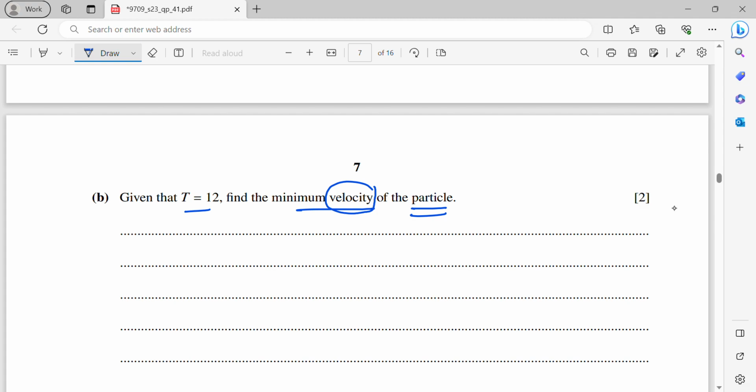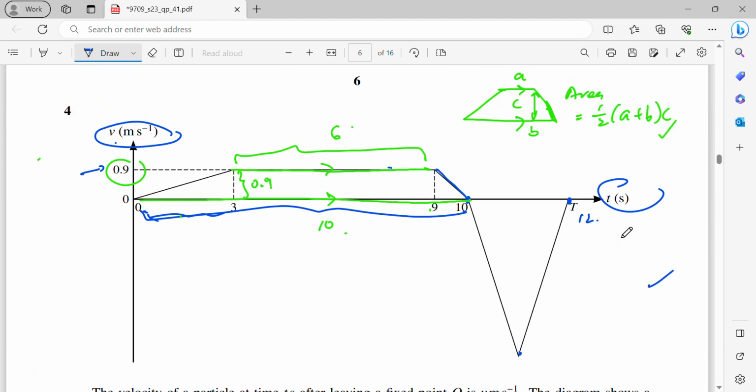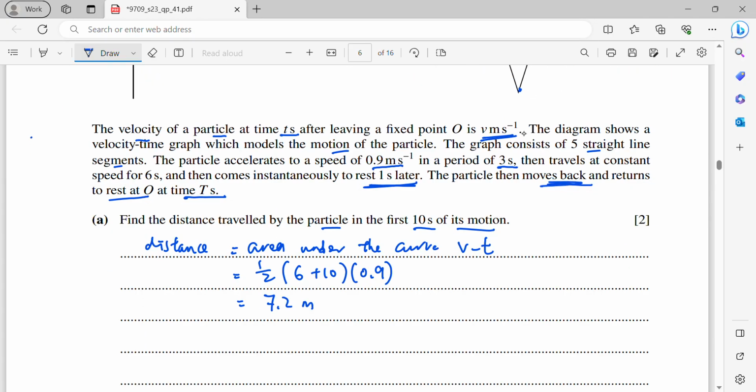Okay, so basically, let's say this is the particle. It moves until t equals 10, then it comes to rest, so v equals 0. When you look at the diagram here, then now it will return. So it moves back and returns to O, to rest at O at time t seconds.